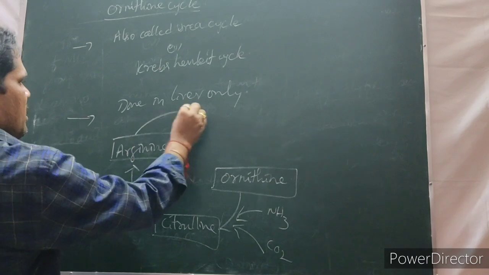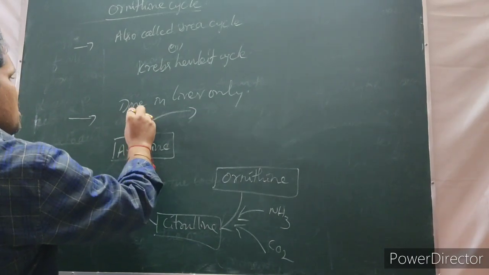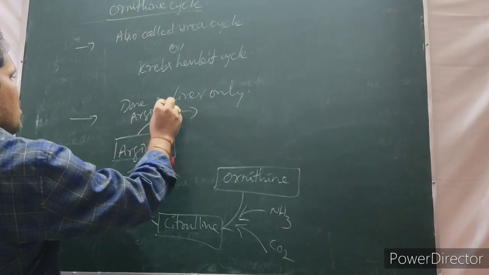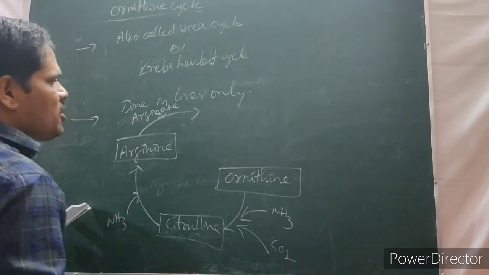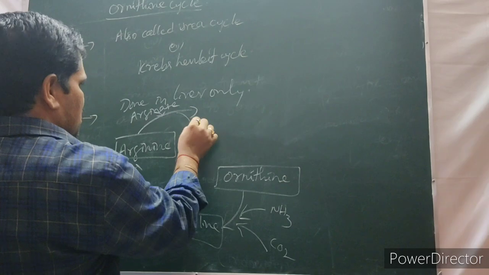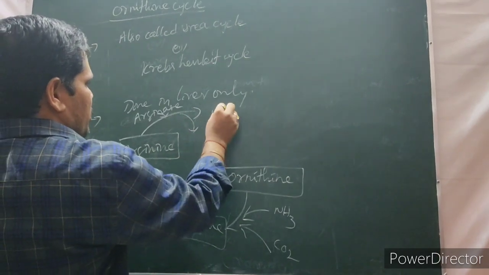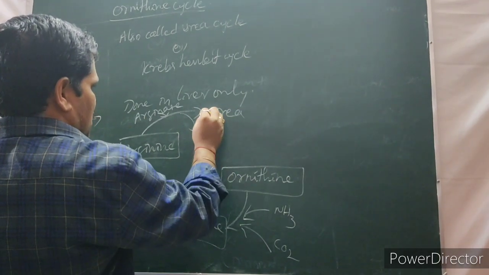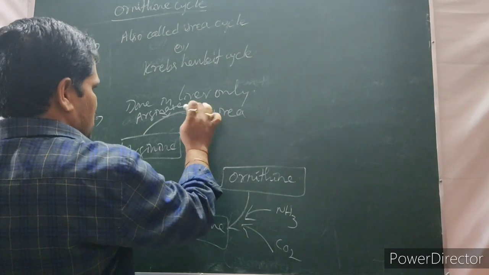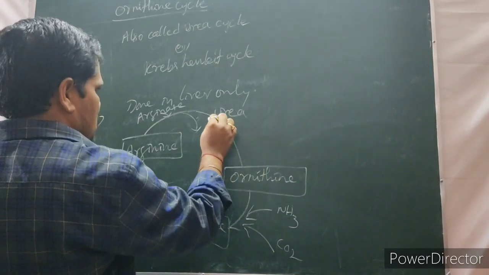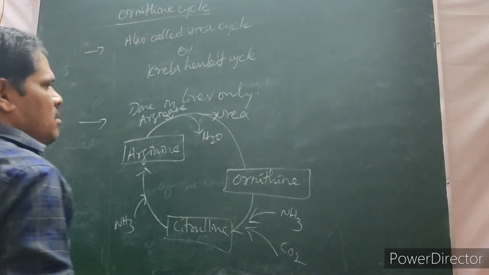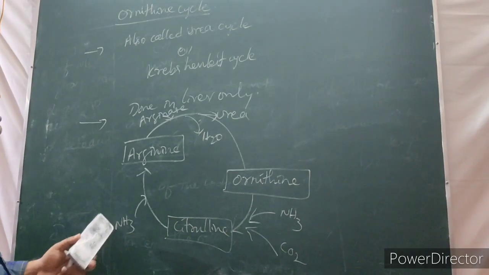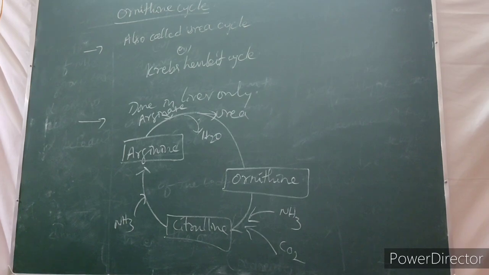On this arginine, the arginase enzyme acts, and arginine is split to form urea, and a water molecule is also released. This is how the ornithine cycle is done.